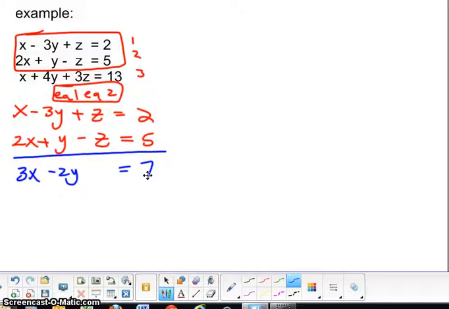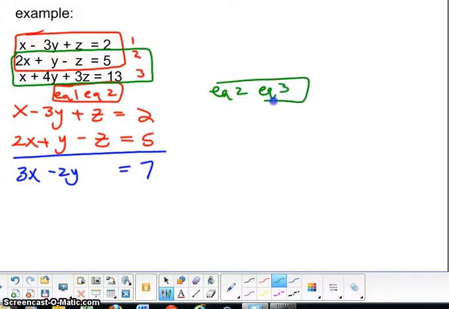Okay, so now what we have to do is figure out 2 different equations, and I'm going to pick the second one and the third one. Equation 2 and equation 3. Again, just to keep organized, and you can see they're 2 different ones.